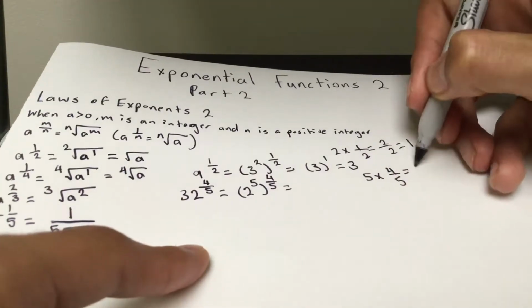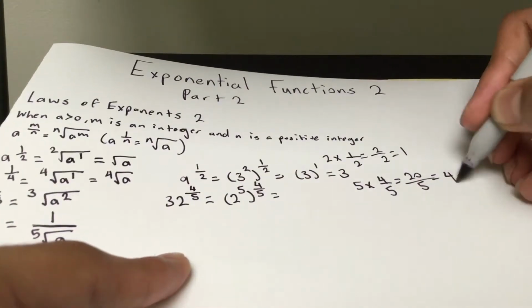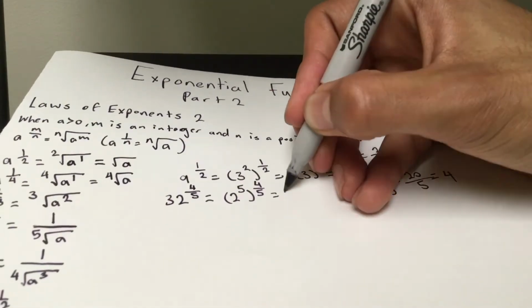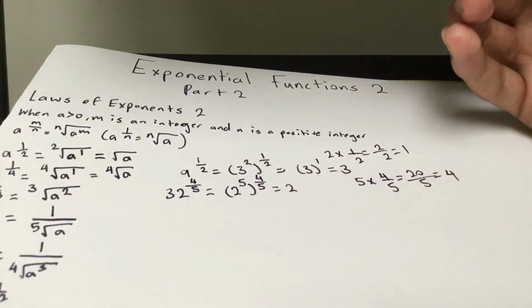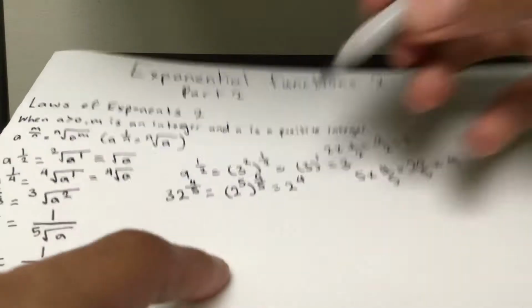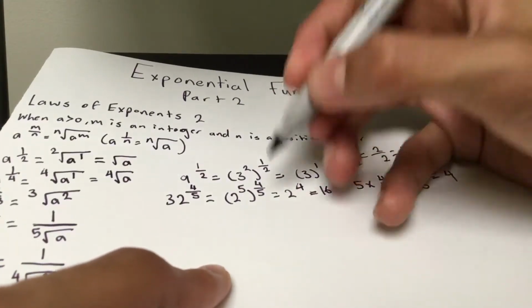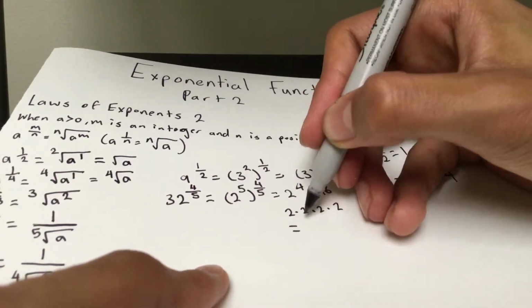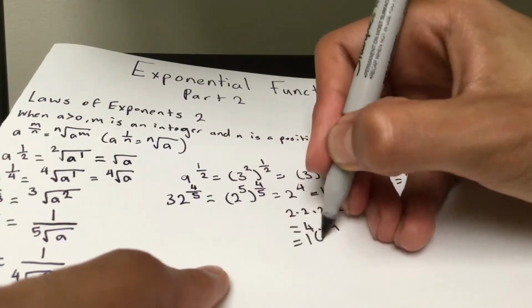So 5 times 4 is 20, over 5, which is 4. Our base 2 stays, and our exponent is going to be 4. So 2 to the power of 4 is 16. If you're wondering how I got this, you can go 2 times 2 times 2 times 2, which is 4 times 4, which is 16.